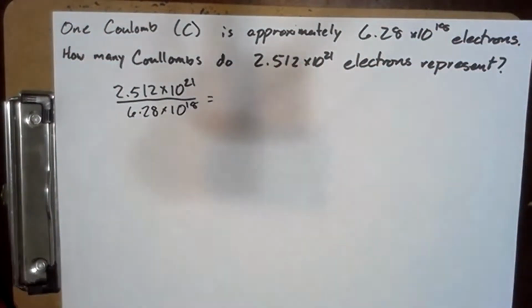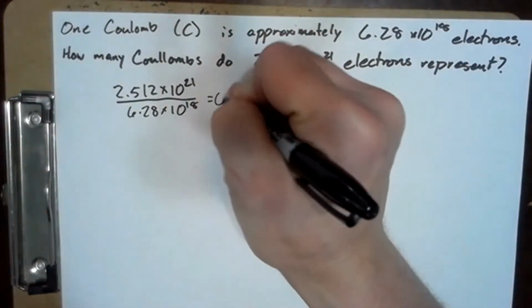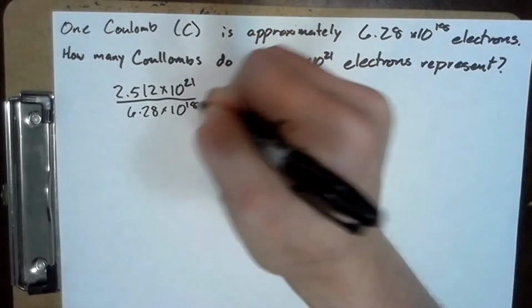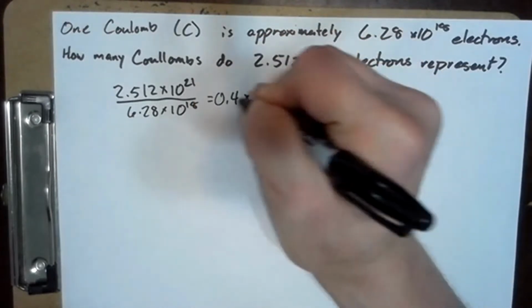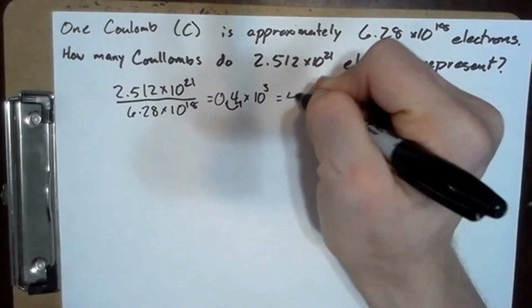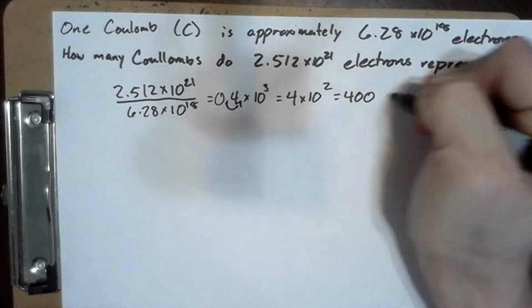Okay, well, 2.512 divided by 6.28 is 0.4 times 10 to the 21 minus 18 is 3, but we're going to have to move this to the right one. So that's going to be 4 times 10 squared, or 400 coulombs.